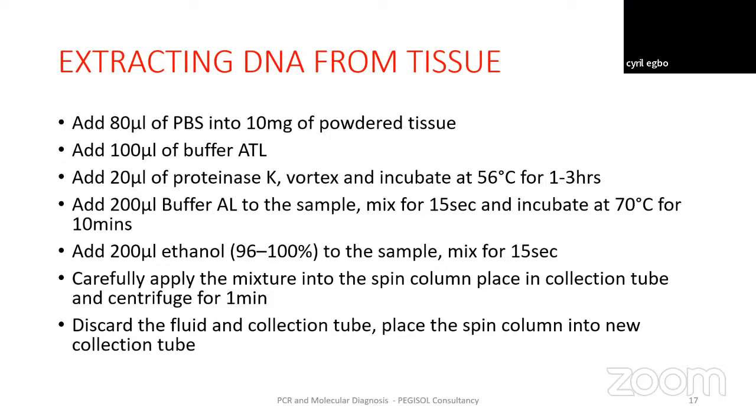Then you now add 20 microliter of proteinase K. This proteinase K is where that of blood starts from. The function of this proteinase K is that it has a lysing property, a property that can disintegrate. It means it is able to break down protein and release the DNA.